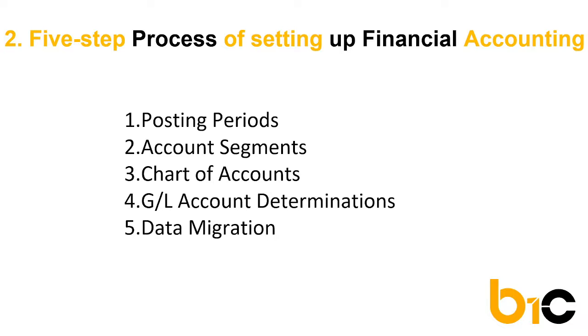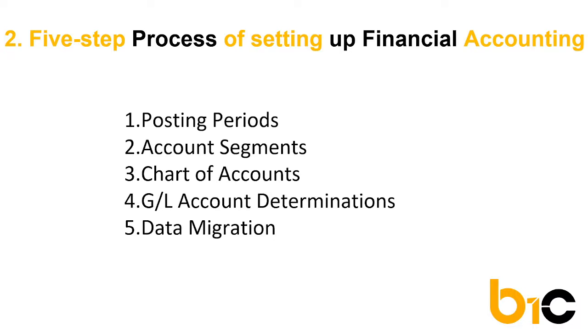Next, it is necessary to specify your account segments, specific business units or activities you are going to track. Chart of accounts. At this stage, you assign an account code to each account. Consider it a combination of your defined account segments. Your chart of accounts organizes these smaller units into higher level categories.